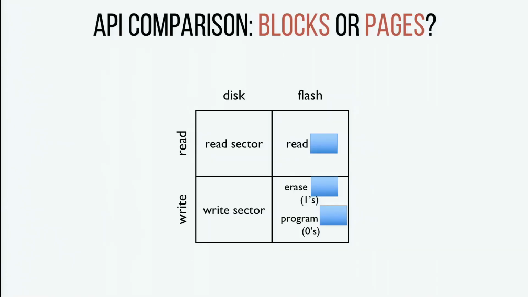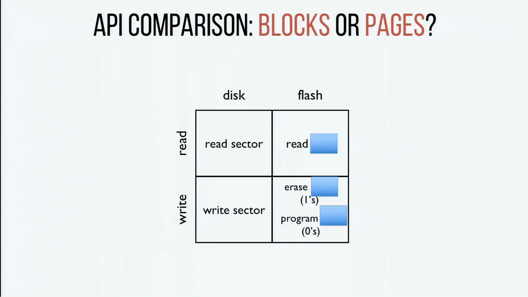All right. So let us see if we understand this API. With disks, we were just reading and writing individual sectors of 512 bytes. That's the smallest unit that was guaranteed to be atomic on a disk. With flash, let's just remember from what I just told you, for each of these things, is it a page or a block that we're reading or writing?